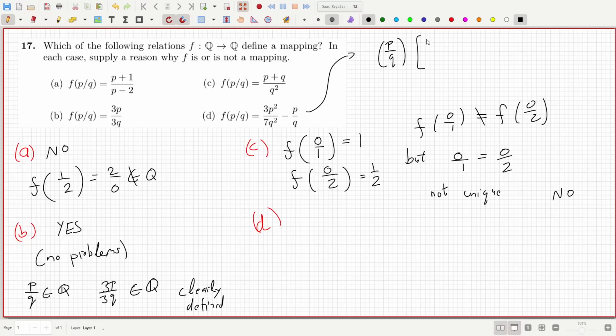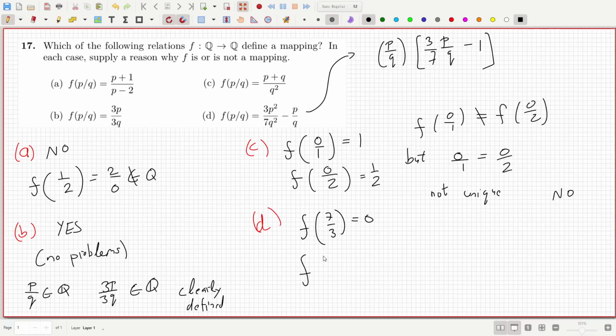So that would be 3 over 7 P over Q minus 1. I think something similar is going on here. So f of 7 over 3 will be 0.